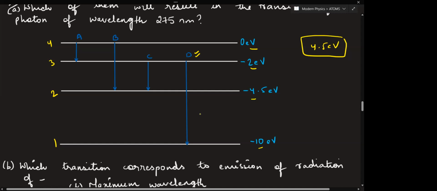And similarly for this, from 4 to 3, that is 0 electron volt to minus 2 electron volt, if you look at this transition A, the energy emission is minimum. So wavelength should be maximum.